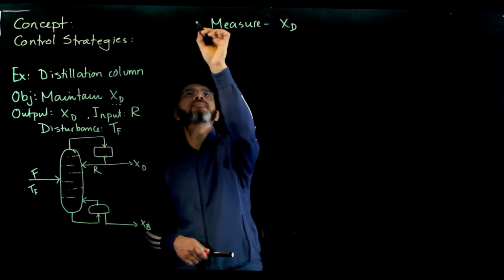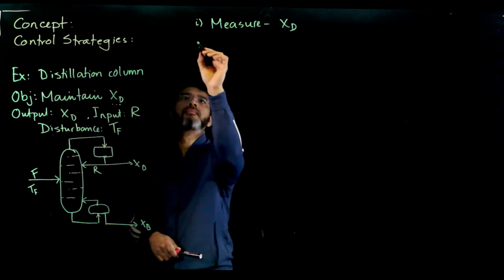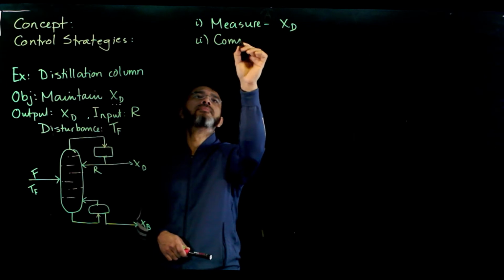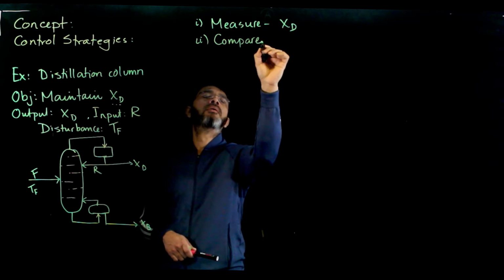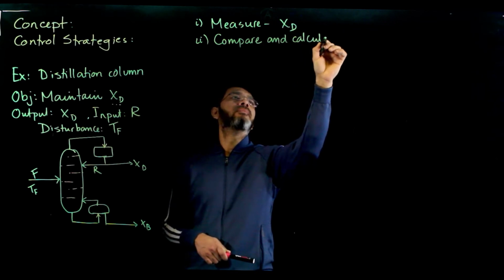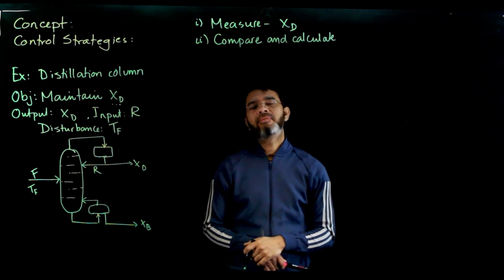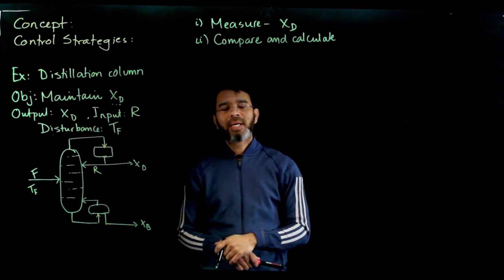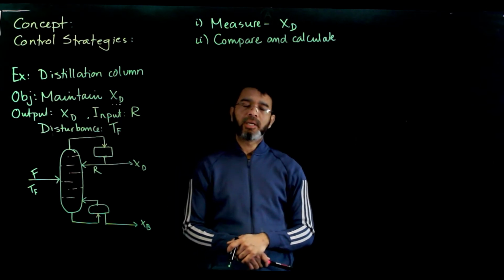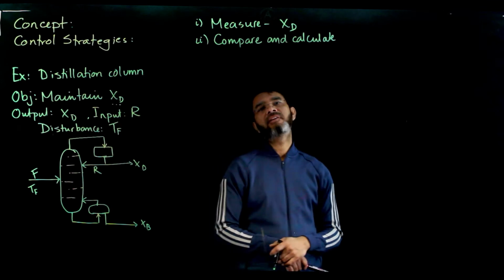Now, one control strategy for this distillation column may be to measure XD, compare it with the desired value, and calculate what needs to be done if the desired value and the current value are not the same. If XD is below the desired value, you may increase the reflux flow.